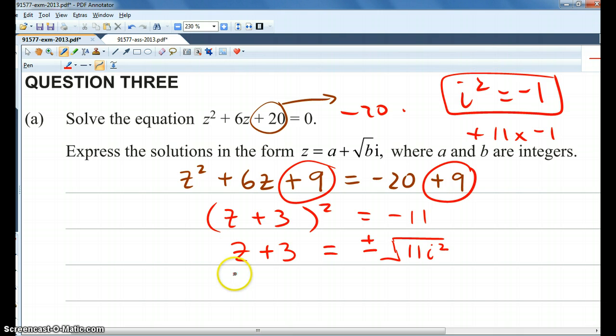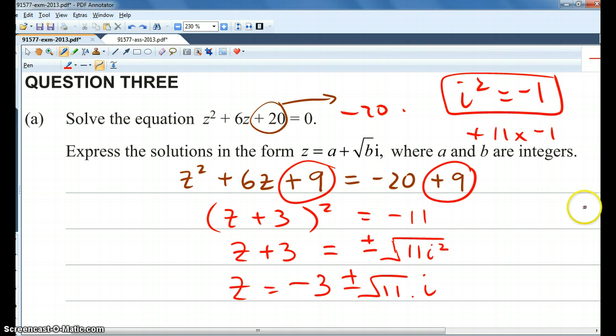Okay, so now I've got z equals, take the plus 3 to the other side, making it minus 3, plus or minus the square root of 11 i. The i can come outside, it's a times sign at this point, because the square root of i squared is i.